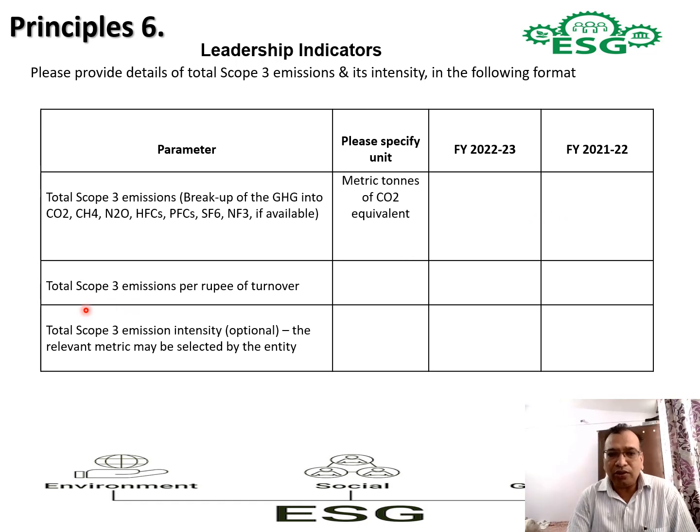Then you have to calculate the total Scope 3 emission intensity, that is emissions per rupee of turnover. How do you calculate? You just divide the total metric tons of CO2 equivalent by the turnover of the company for that particular financial year, current and previous, and you will get the emission intensity. There is also an optional row, if the industry wants to utilize any other metrics.